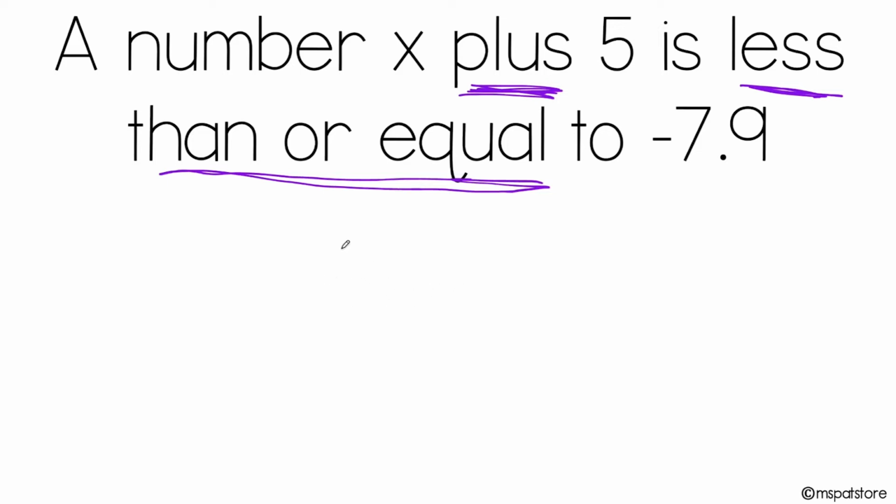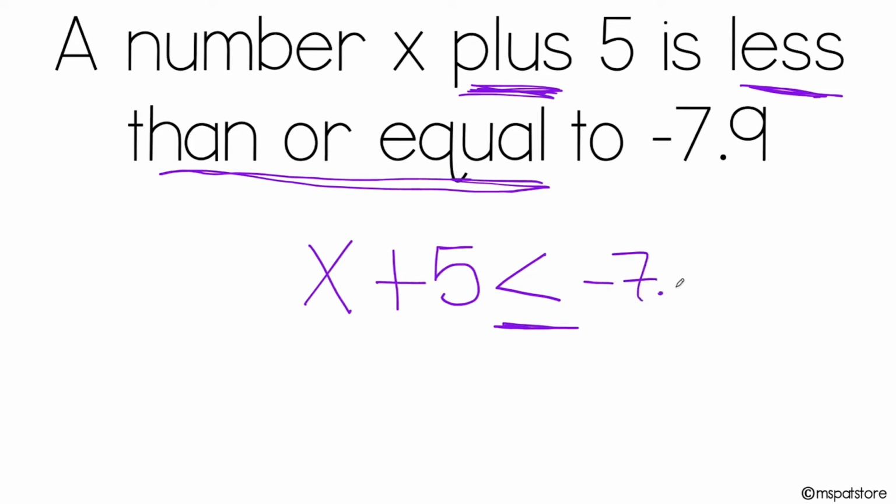So this will be x plus 5 is less than or equal to negative 7 and 9/10. That's how you write an inequality based on this sentence.